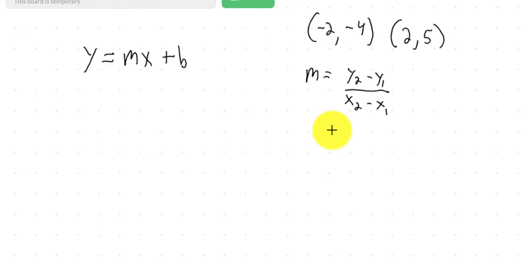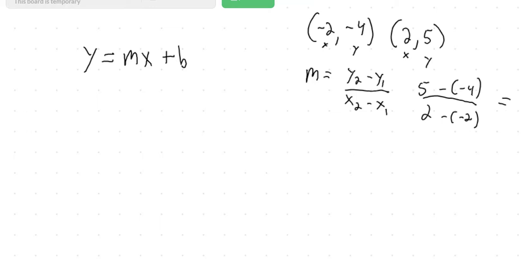So let's take a look here. I could think of this as like x and y, x and y. So I can actually do 5 minus the -4 over 2 minus the -2.